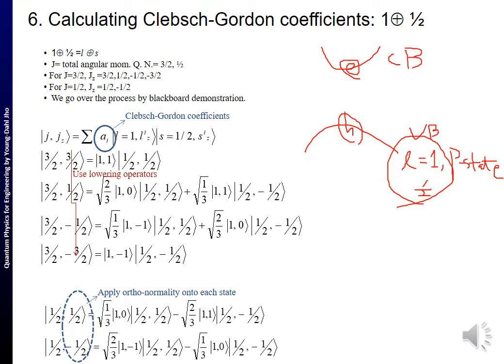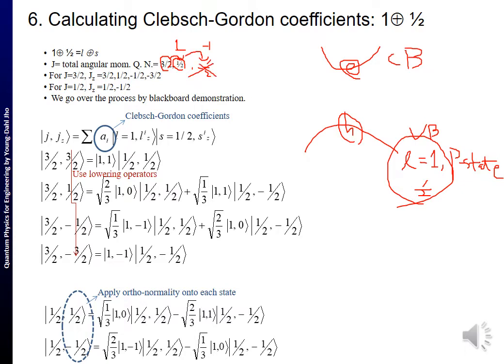In this case, the total angular momentum quantum number J is 3/2, and then we lower the quantum number by 1, giving 1/2. Another lowering gives minus 1/2, but we don't take the negative value for the total angular momentum quantum number.